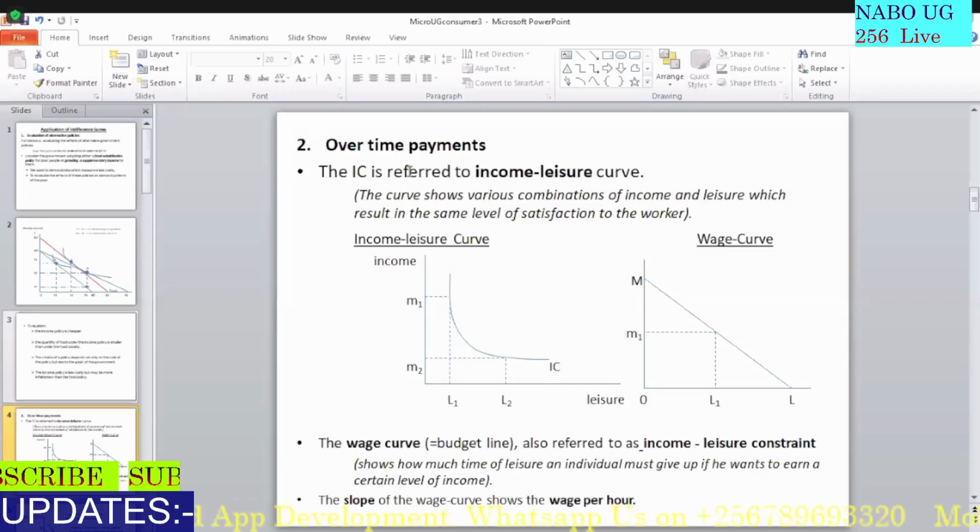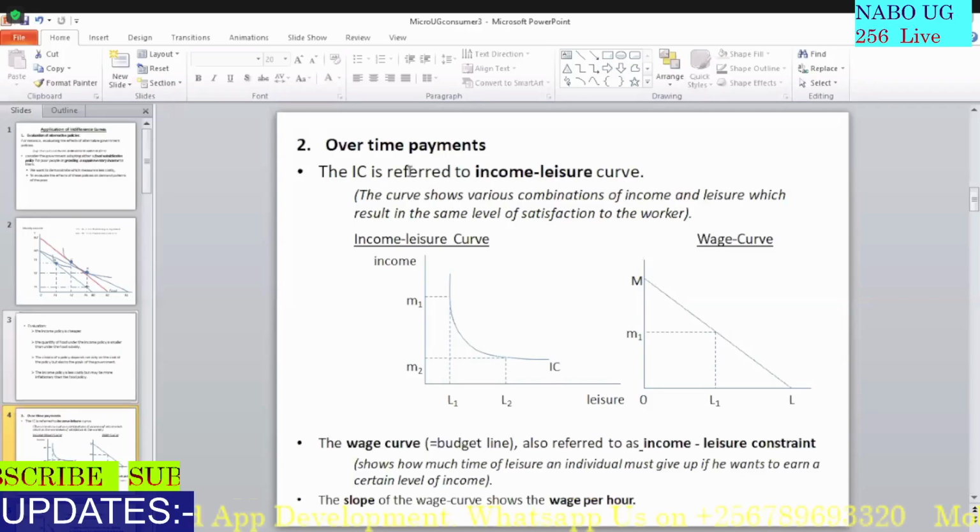Now we want to illustrate overtime payment. At the equilibrium, the individual is satisfied. Now we want to show what the employer can do in order to make this individual reduce his leisure time in a situation where he's already satisfied.